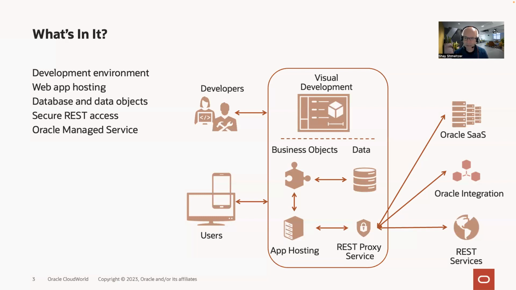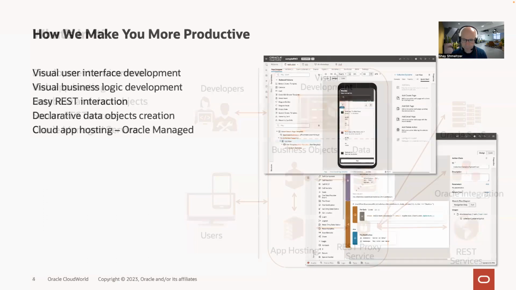Everything is managed by us. You control how many CPUs are allocated to that, but beyond that, we manage everything for you on that server. All right? So that's basically what's inside Visual Builder.